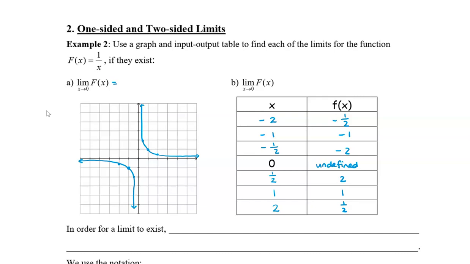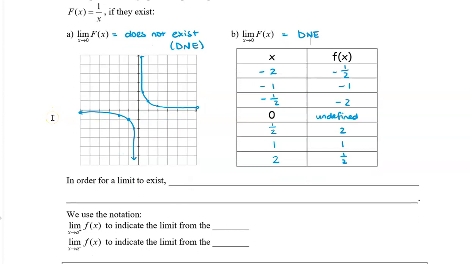So we say that this limit does not exist. We can abbreviate that with DNE. And same thing over here. Now, does not exist is not the same as undefined. Undefined is stating that there's no number. Here, we're saying the limit does not exist because it's not in existence, I guess.